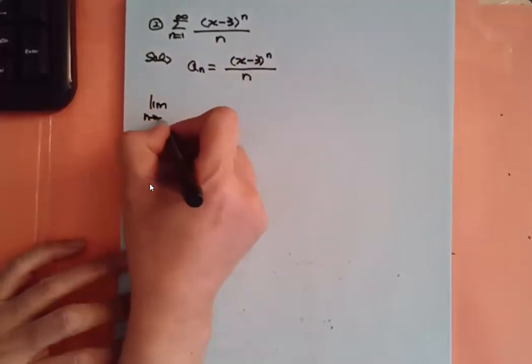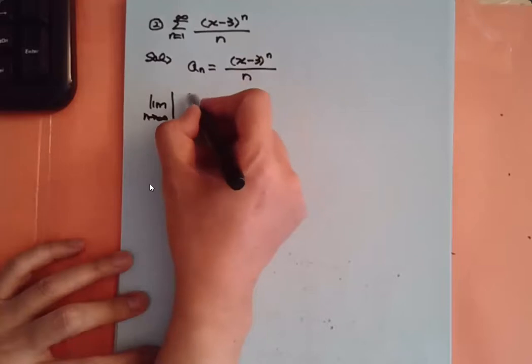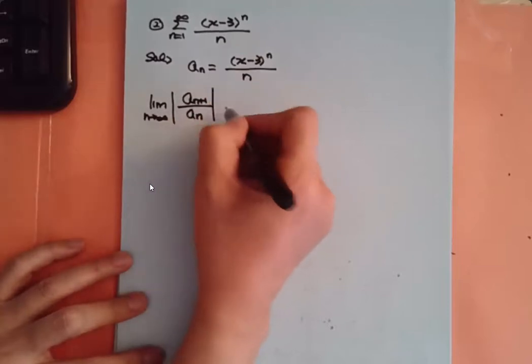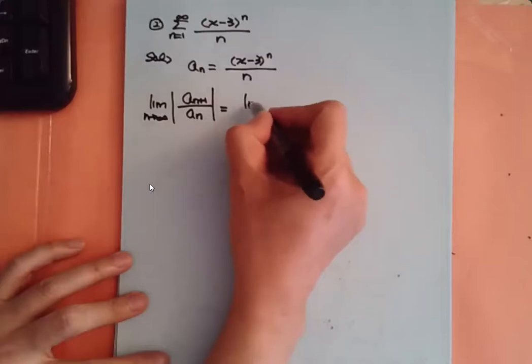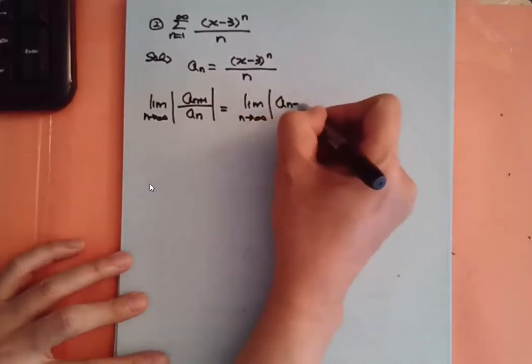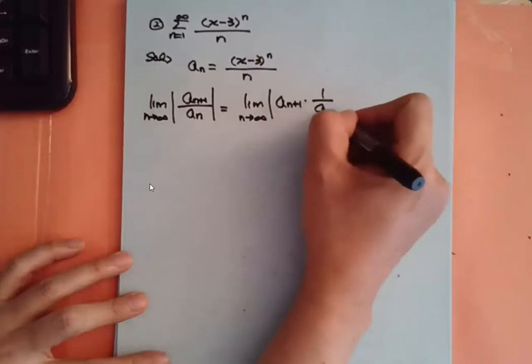Limit as n goes to infinity of the absolute value of a_(n+1) over a_n, and that is the limit as n goes to infinity of a_(n+1) times 1 over a_n.